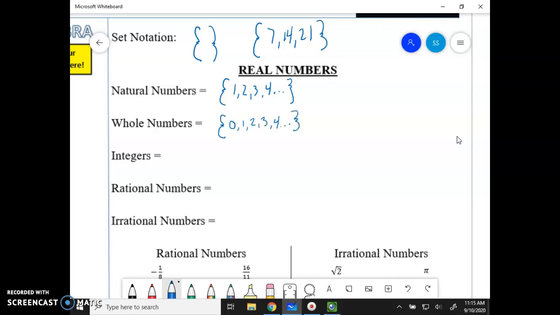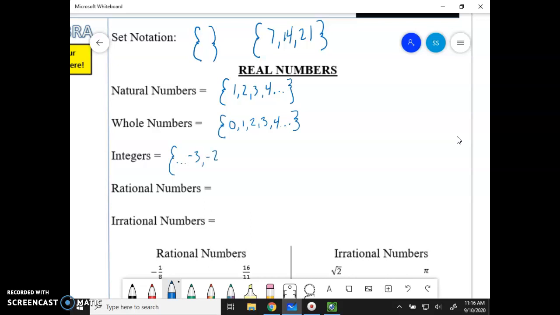All right, and then integers. Now, what about the person who owes you 2 chickens or owes you 2 goats, right? He's in debt, so we needed a way to represent a debt. So we needed to make negative numbers, all right? So this goes all the way back to negative infinity and then approaches 0, right?